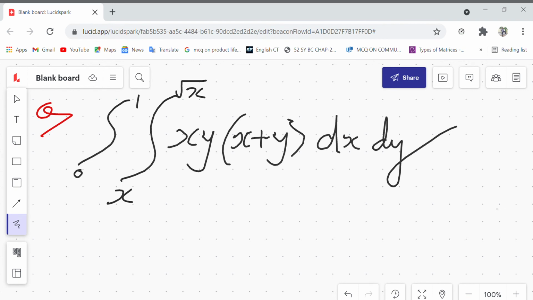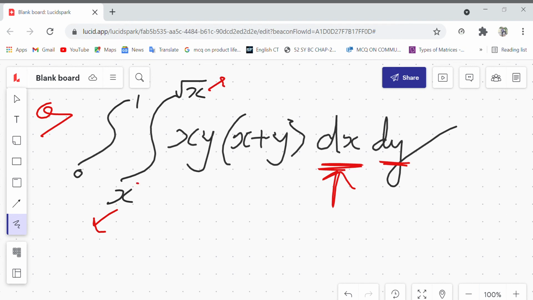So let me tell you in the red pen. First, what you see is dx dy. In this case, don't take x1 and x2, or else you will be in big trouble.